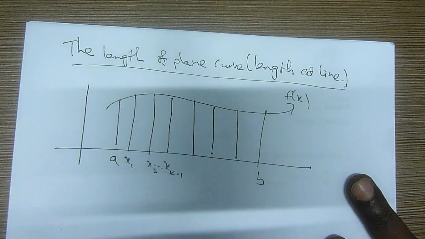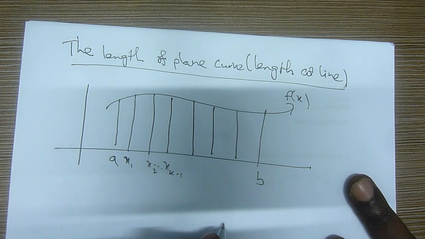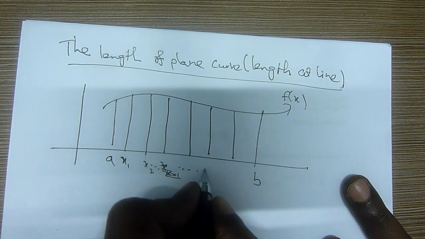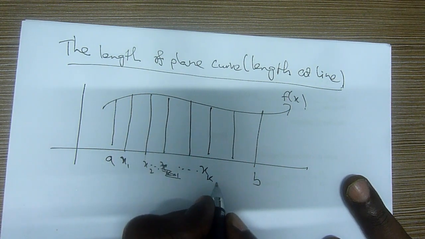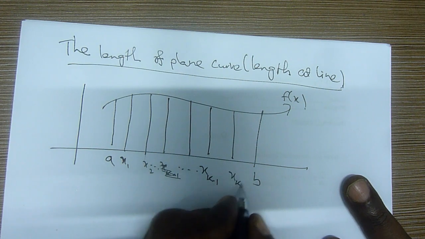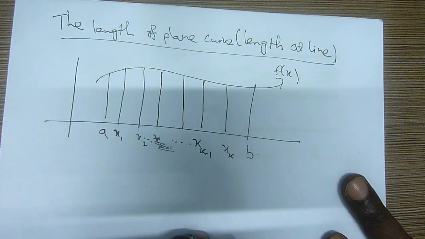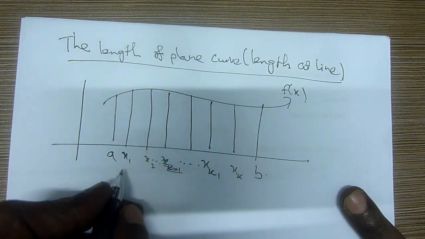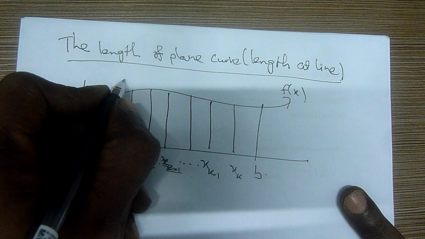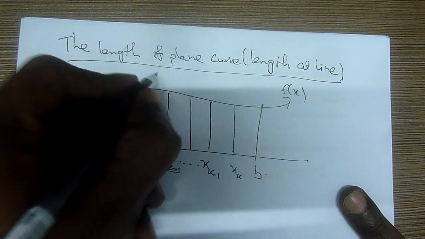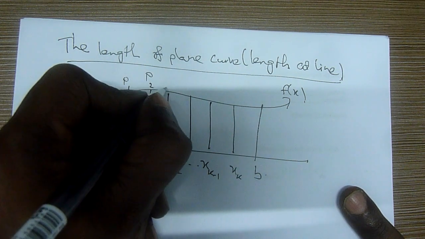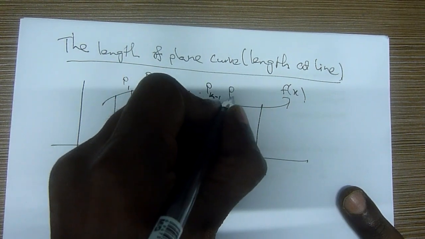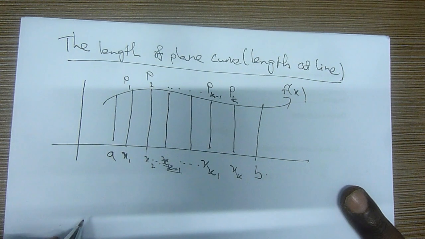Imagine there are a lot of segments here. I'll just continue, and call this x(k-1) and this xk, continuing from there. If this is the scenario, let me call these points P1, P2, and continue up to P(k-1) and Pk.